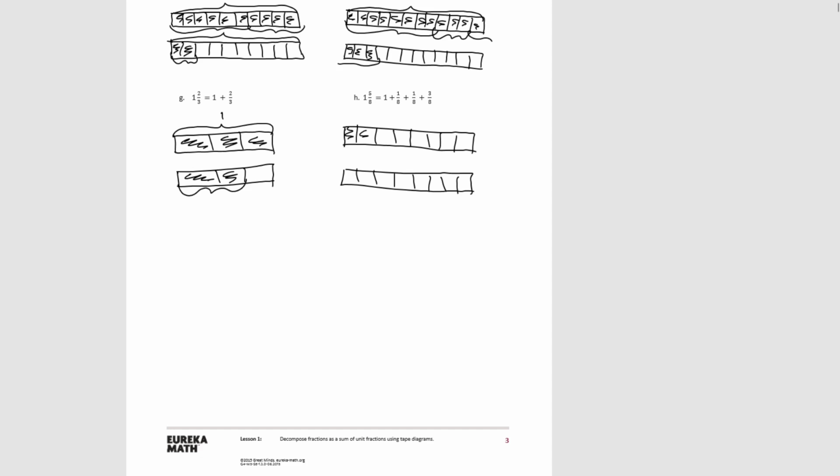So to show 1 and 5/8, we first have 1/8, and then 1/8, and then 3/8. And that shows us 1 and 5/8. And that's the end of lesson 1.